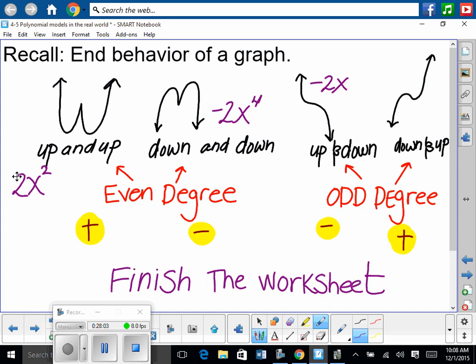And then down and up: once again, it looks like a line that's increasing. It will have an odd degree, so for example, x cubed could work. If it's positive in front, positive 1, then it will be down and up because it's increasing. Does that make sense, everybody?